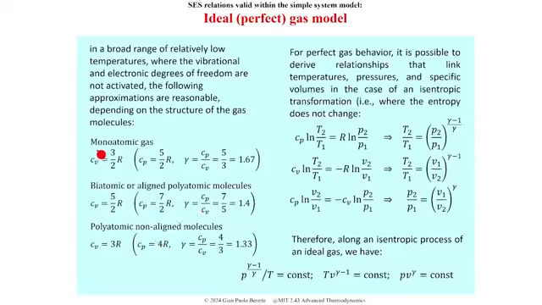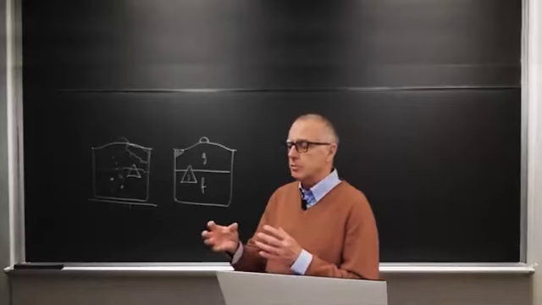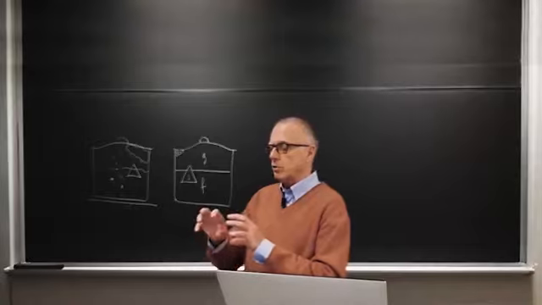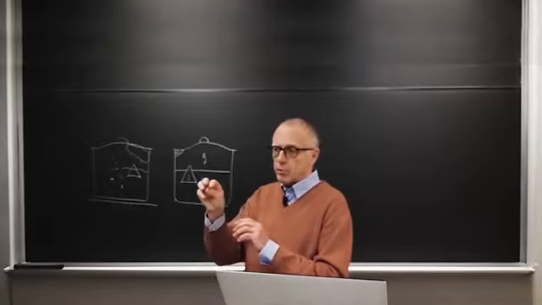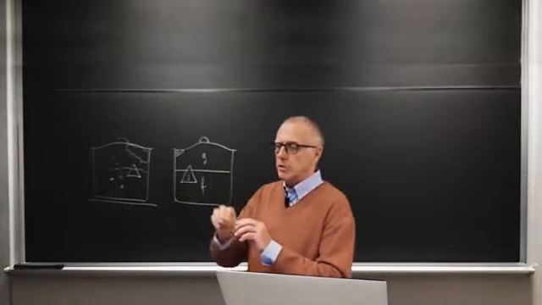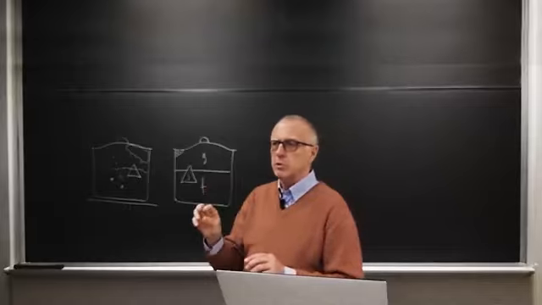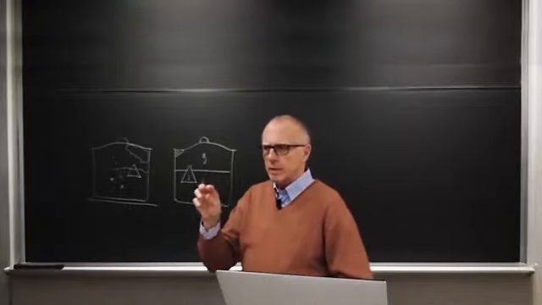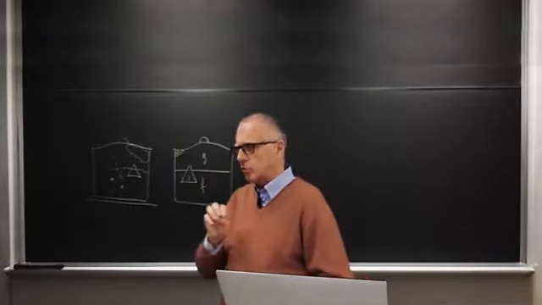So for a gas that only has translational degrees of freedom, the molecules are pointwise and can move in the 3 directions. You have the 3 translational degrees of freedom, so you have 1/2 of R contribution for each of them.